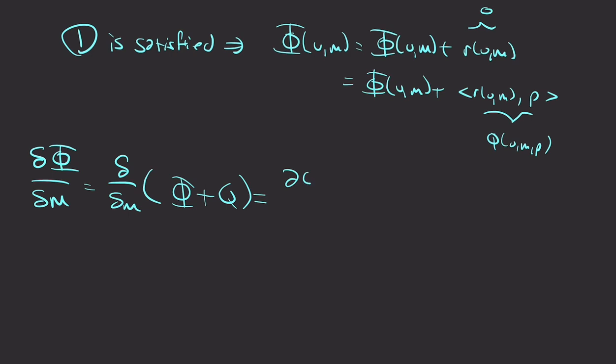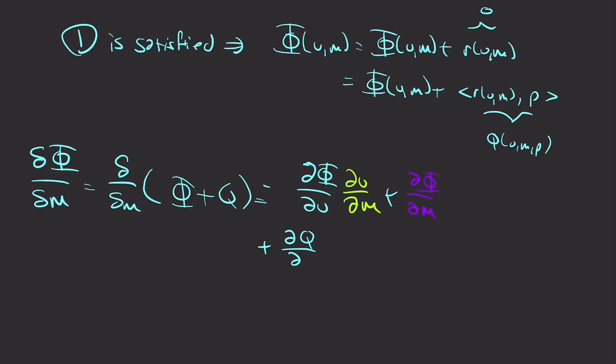And so now let's just do our partial derivatives here. This is partial phi partial u, partial u partial m, plus partial phi partial m, plus partial q partial u, partial u partial m, plus partial q partial p, partial p partial m, plus partial q partial m.